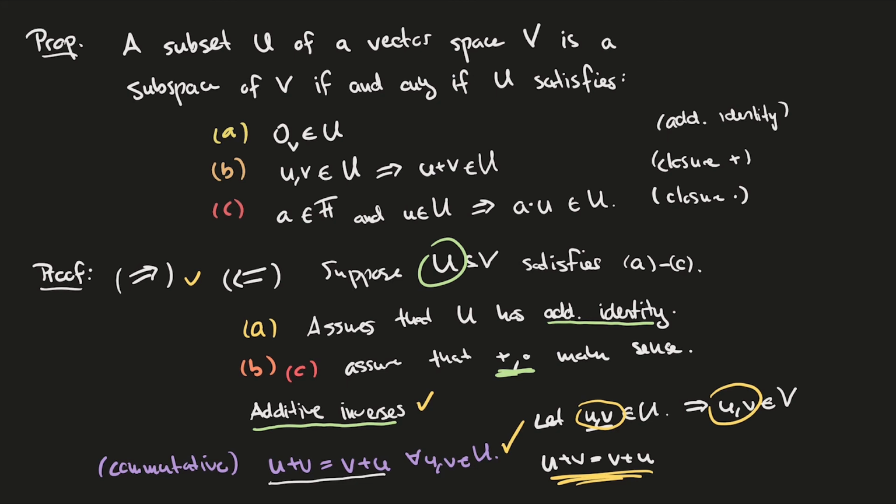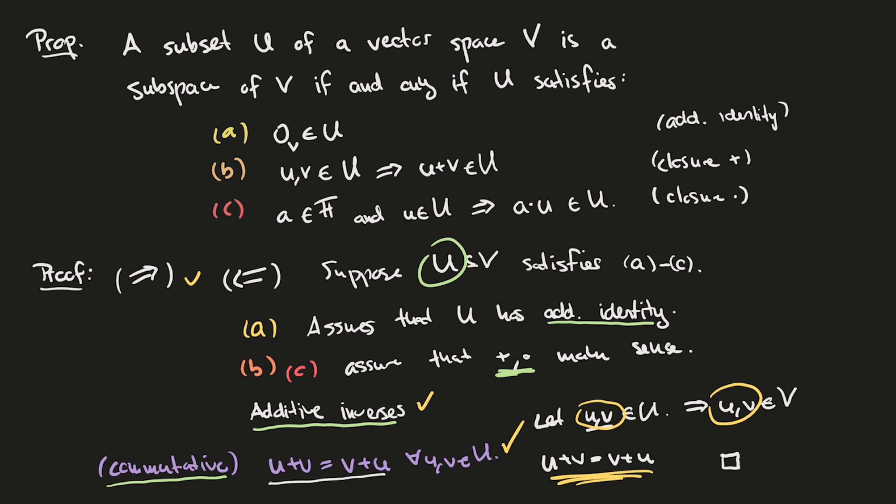Finally, all of the other identities that elements of U need to satisfy follow from the fact that U is a subset of V, as we illustrated in the case of the commutative property. So indeed, we've checked everything, so U is a vector space, and this means that by definition, U is a subspace of V.